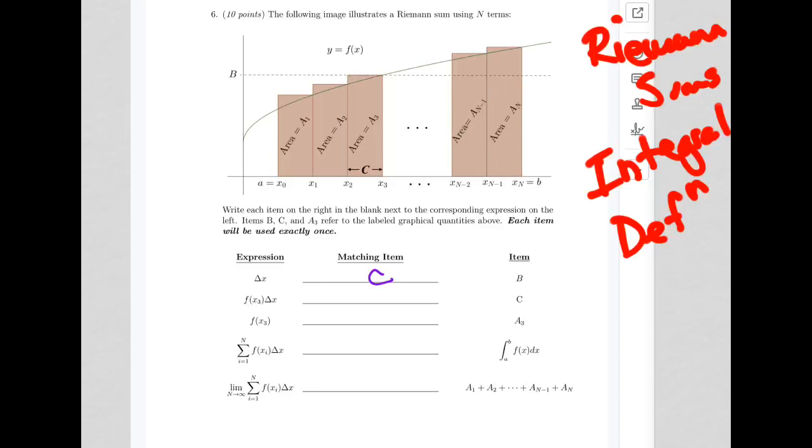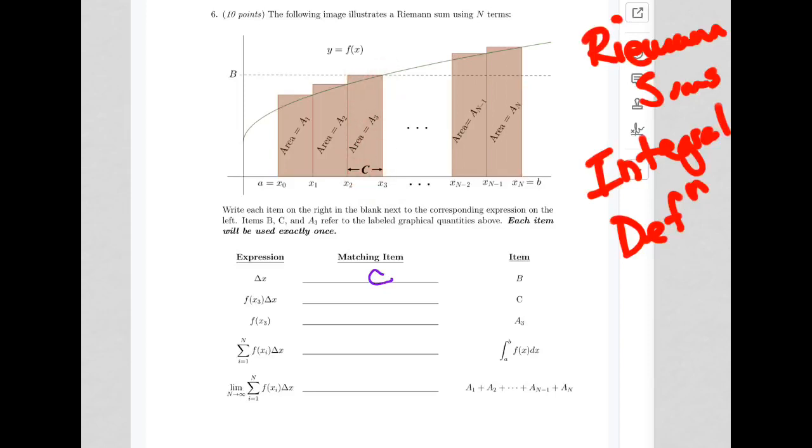All right. And then we have f of x3 times delta x. And so this is a width. And then f is a height. And so width times a height is an area of a rectangle. And so here we're looking at this guy right here.